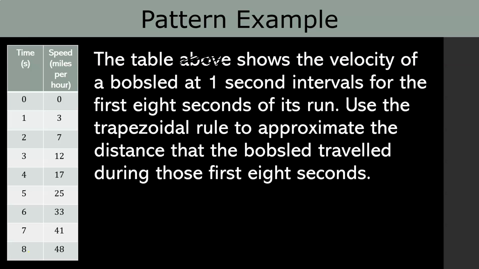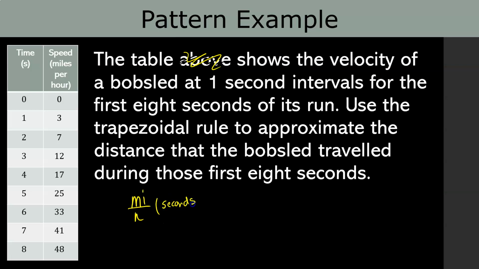So I'm going to try to show you what I mean by pattern. Let's think about this, because we're at least finding area, and we're going to have to do some sort of conversion. So miles per hour, and multiply that by seconds.